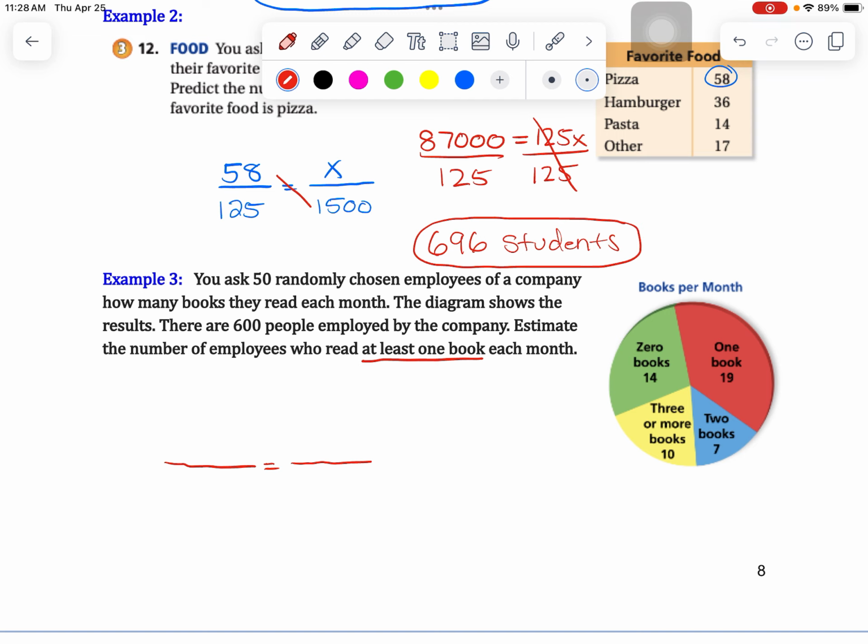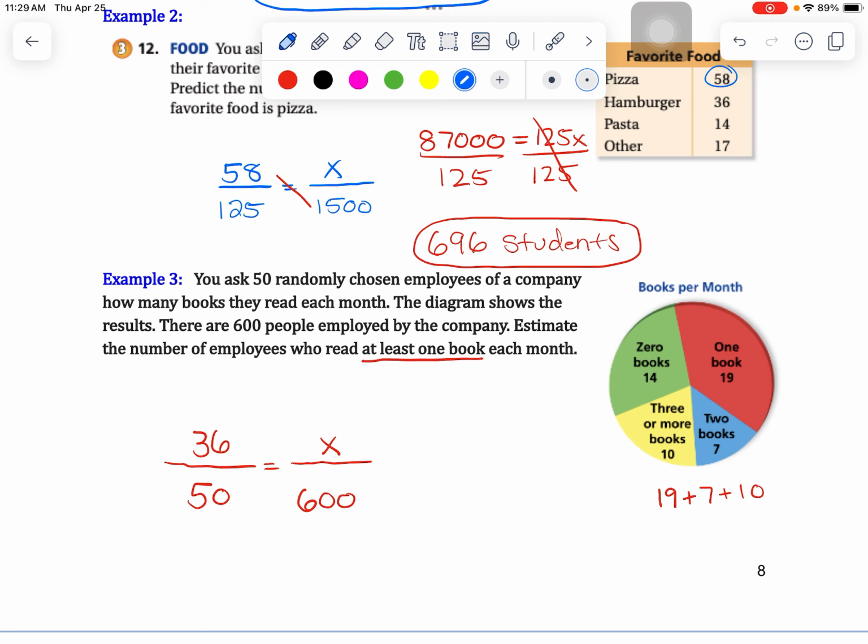So if I add 19, 7, and 10 together, that's going to give me a total of 36 out of 50 people that were surveyed. The population here was 600 people, and I want to know how many out of the 600 read at least one book. So again, I'm going to do my cross multiplying here.